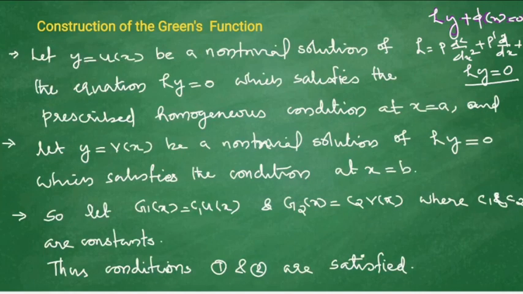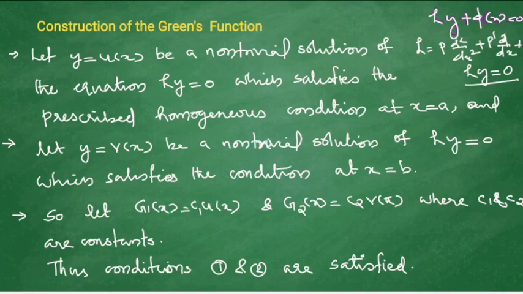In order to construct a function g which is a split function, equal to g1 of x for x less than theta and g2 of x for x greater than theta, we will first consider the corresponding homogeneous equation Ly equal to 0.